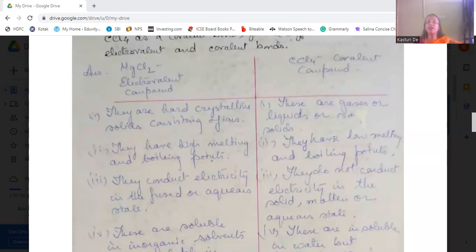Then MgCl2 conducts electricity in the fused or aqueous state because it contains ions, whereas CCl4 cannot conduct electricity in the solid, molten, or aqueous state because it has shared electrons, not formed ions.